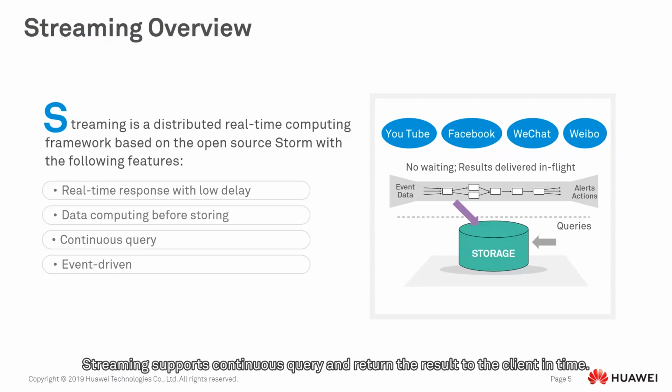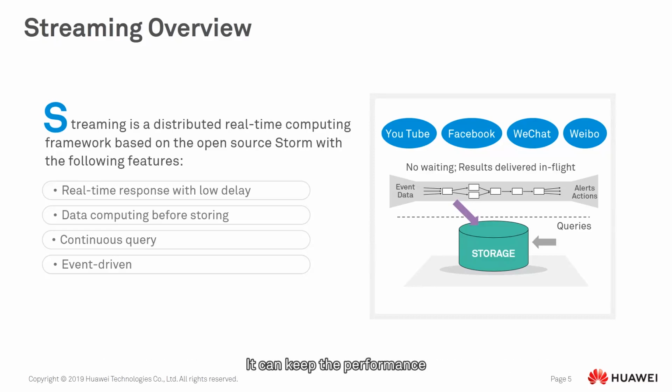Besides, streaming supports continuous query and returns the results to the client in time. And it's unbelievably fast because it has enormous power of processing data. It can keep up the performance even under the increasing load by adding resources linearly, which means highly scalable.